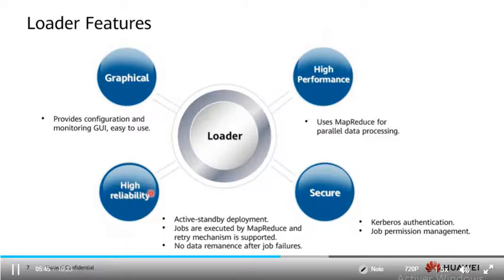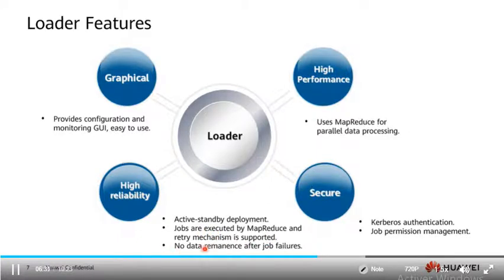Thirdly, high reliability. As we have emphasized, in order to deal with the single point of failure problem, Loader also uses active and standby deployment, or namely HA mode. Moreover, tasks are executed with MapReduce in Loader, and Loader also supports a retry mechanism, which means that if the tasks are not executed successfully, Loader will keep retrying until the number of retries exceeds the limit.